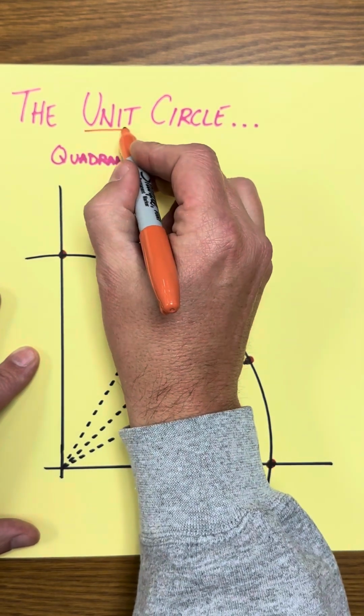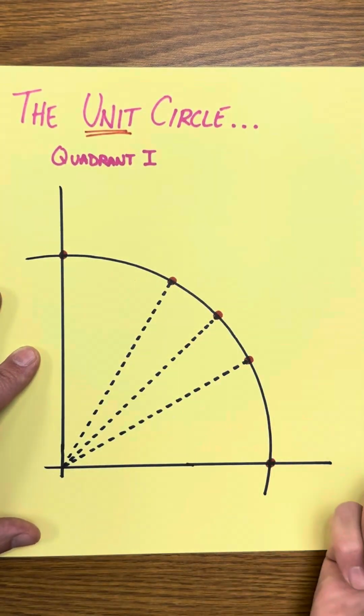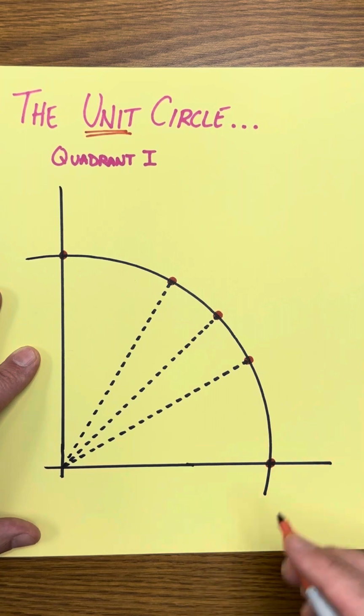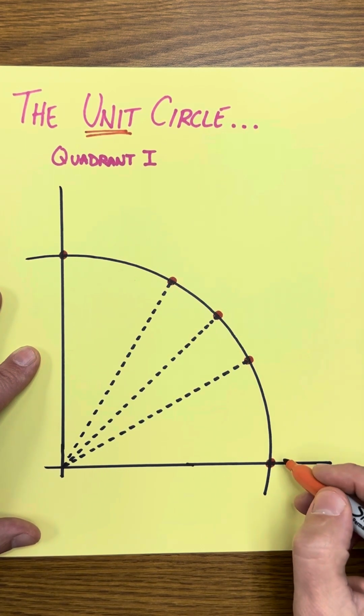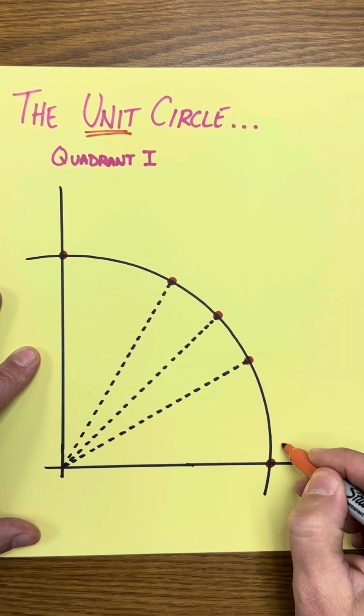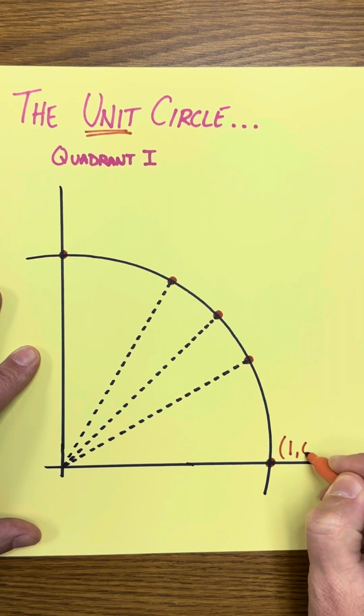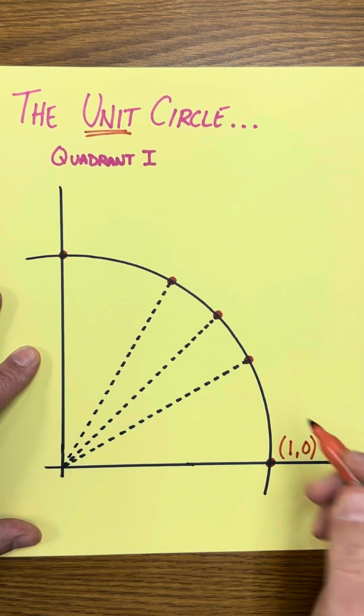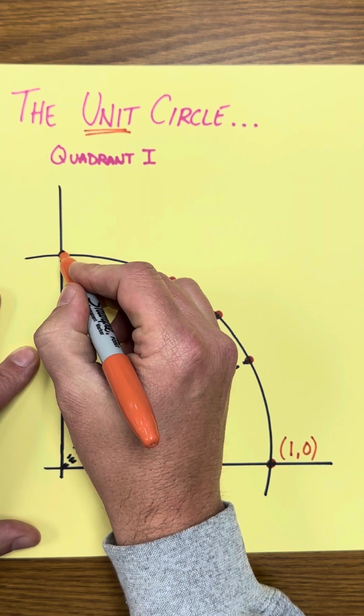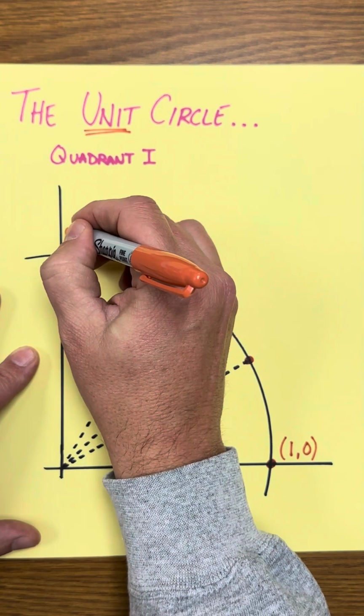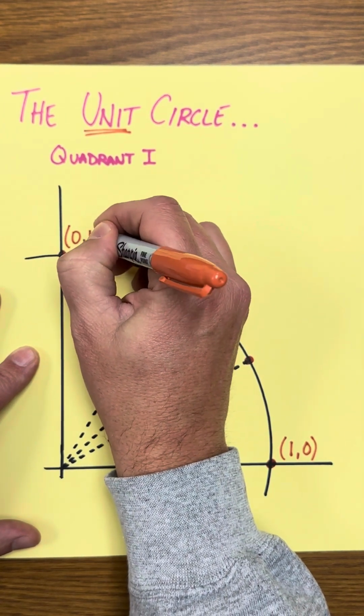Now, as a reminder, this is a unit circle, which means that the radius of this circle is 1, which means this point out here at 0 degrees is the point (1, 0). The point up here at 90 degrees is the point (0, 1).